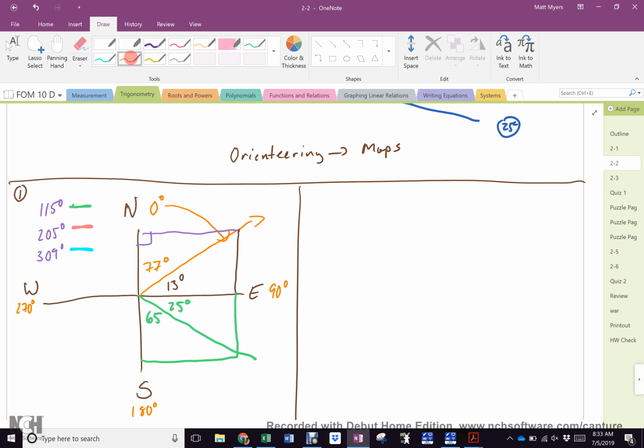Okay, where's 205? You got 2 choices left. Is it the bottom one or the top one? Bottom one. 205. What is this in here? 25, which makes this what? 65 again. And 309 is going to go out here, yes? What's this here?